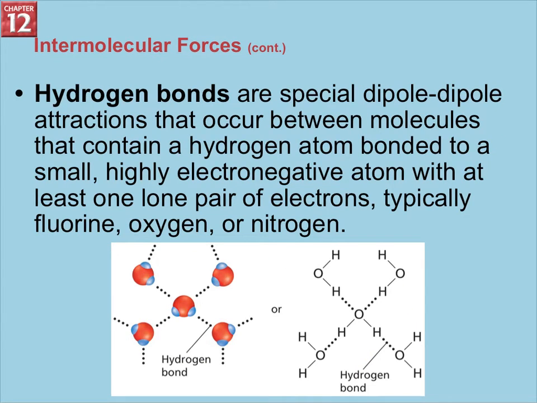Hydrogen bonds are special dipole-dipole attractions, so they're like the ones we discussed in the last slide, and they occur between molecules that contain hydrogen atoms bonded to a small, highly electronegative atom with at least one lone pair of electrons, typically fluorine, oxygen, or nitrogen.